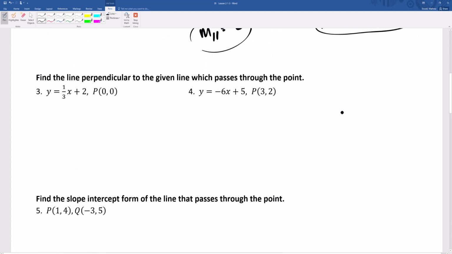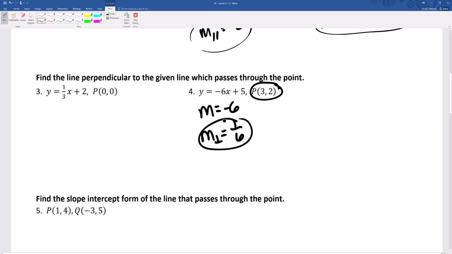The next one says to find the line perpendicular to the given line. Perpendicular means opposite reciprocal, right? So if I know my slope is -6, then my perpendicular slope is the opposite: I change the sign, it's now positive, and for the reciprocal I flip it. Now I just need a point and a slope to create a line.